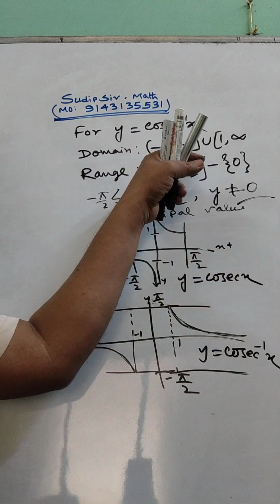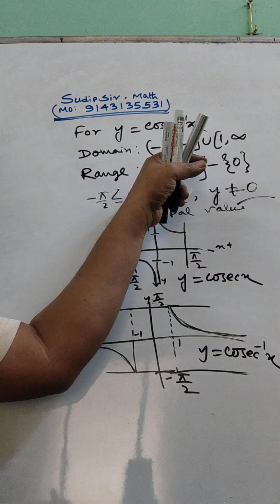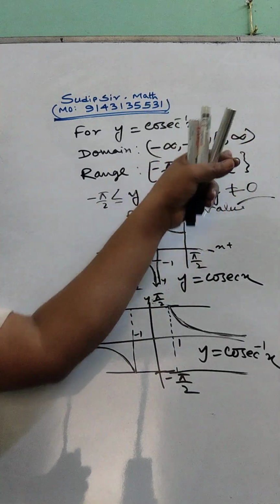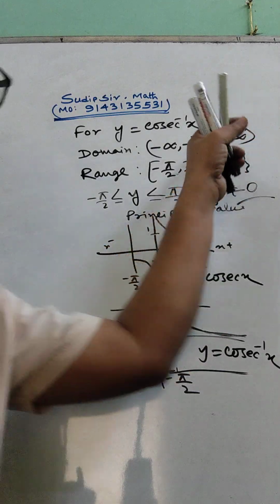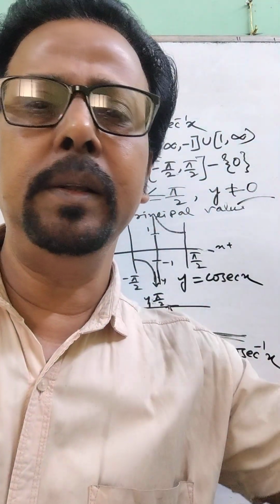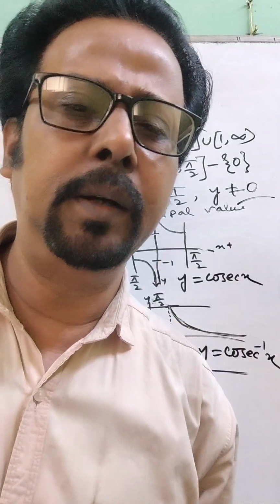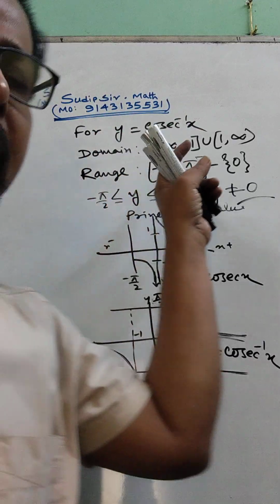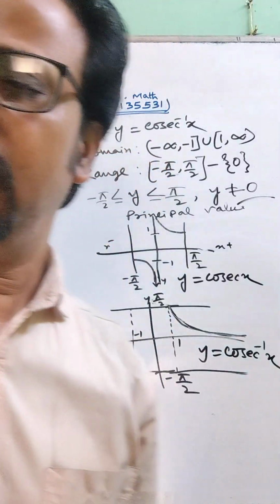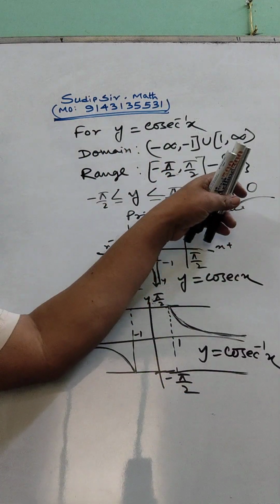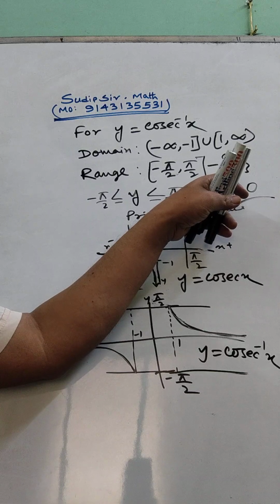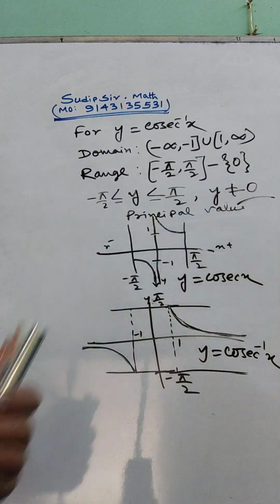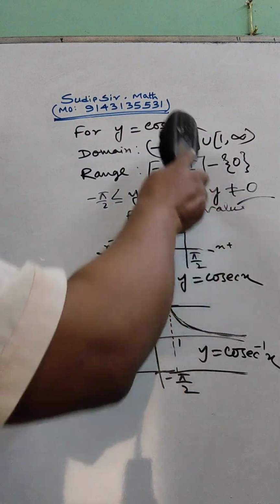And for cosec inverse, the domain is minus infinity to minus 1 union 1 to infinity, with round brackets on both, and we can't touch infinity, so there should not be any square bracket at infinity. Okay, this part is the domain. And for the range, minus pi by 2 to pi by 2, excluding 0, for cosec inverse x. Now, sec inverse x.